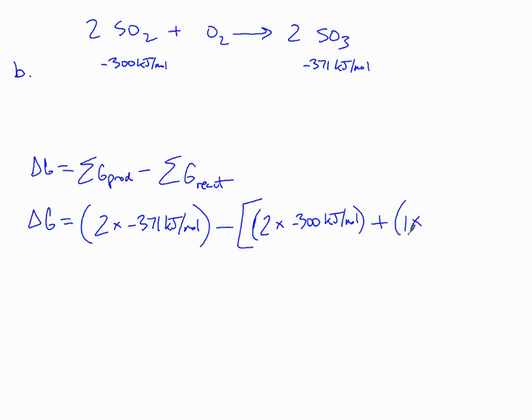You could open this up and look at it. 0. 0, yeah. So you can look it up if you had to, but AP's not going to give it to you, and you can expect it on the test. If it's an element in its standard state, like oxygen gas at 25 degrees, it's 0, which really means that you can just keep that out of the whole calculation.